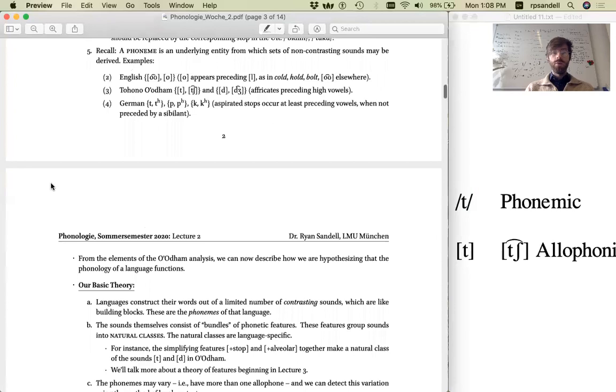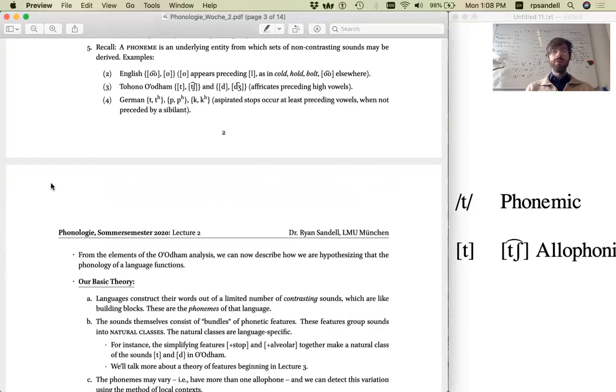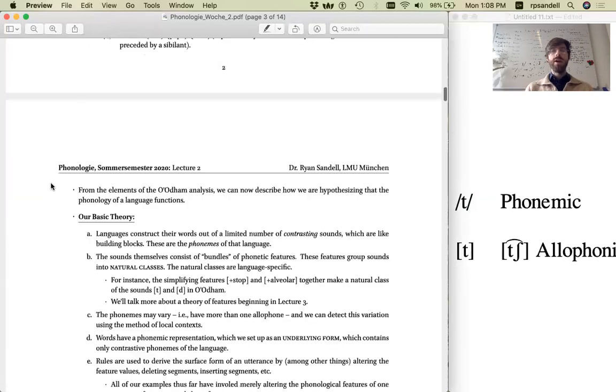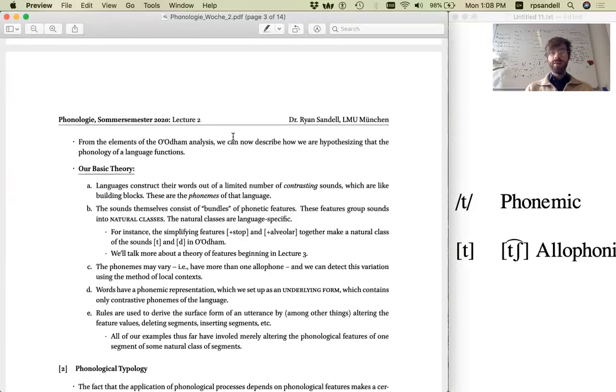So from the elements of the Ordam analysis that we carried out last week, and which I've just reviewed now, we can more or less describe how our hypothesis about the phonology of languages in general should work. So here are the elements of our theory. The first piece is the notion that languages at the phonological level have words, morphemes.